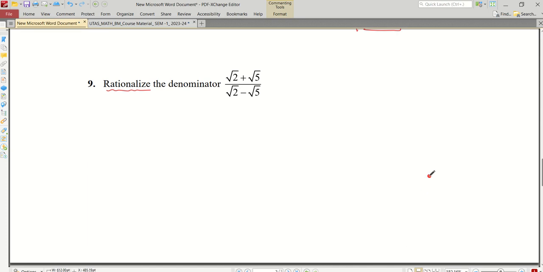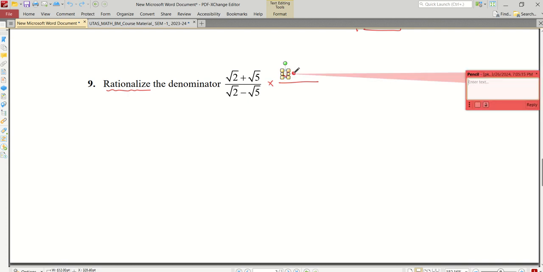Clear? But if we have two terms, like say here we have 1 and 2, two terms here. Just read the sign here. What is the sign here? The sign here is minus. So you need to multiply here with the opposite. What does opposite mean? Negative, the other option, positive.